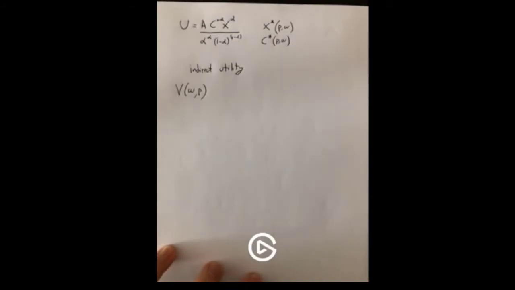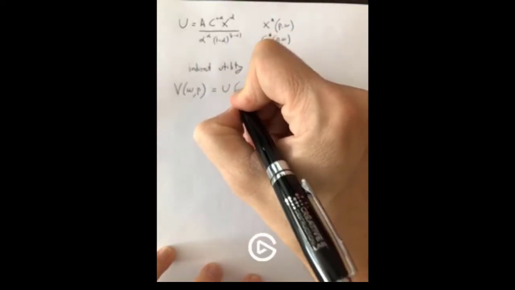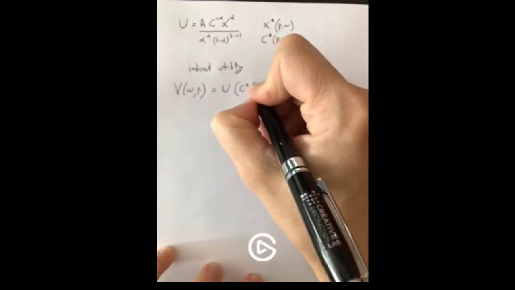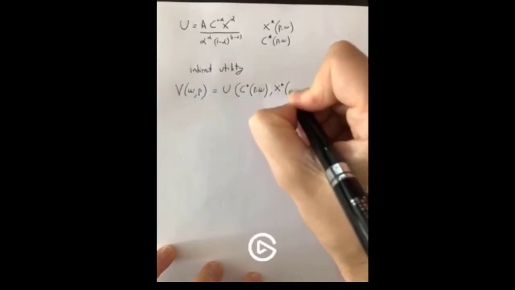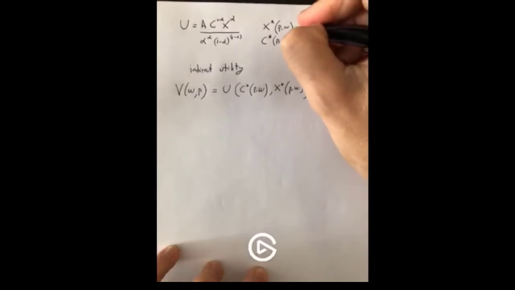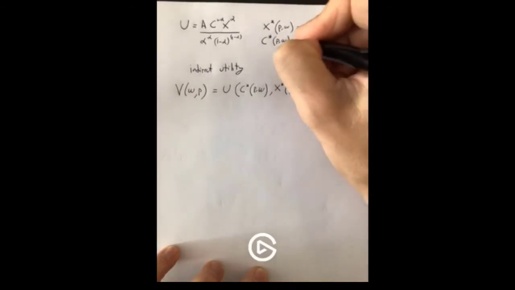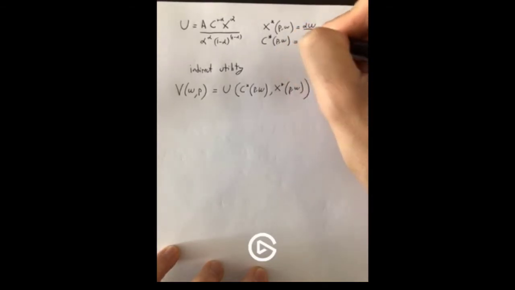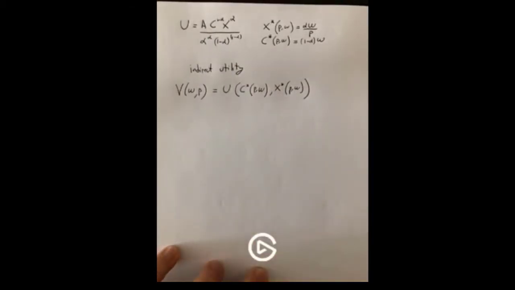And it is obtained by replacing in the utility function the optimal consumption level C star as a function of P and W, and the optimal consumption of X as a function of P and W. So if I replace in this formula here the value of C and X that I obtained before, and if you remember the optimal value of X was equal to alpha W divided by P, the optimal value of C was equal to (1 minus alpha) W. So replacing this in the utility function, I obtain what is called the indirect utility function.